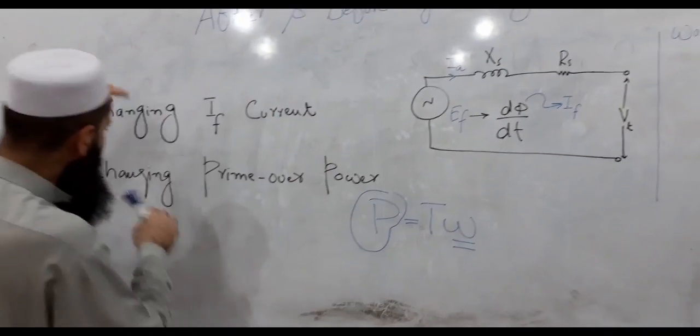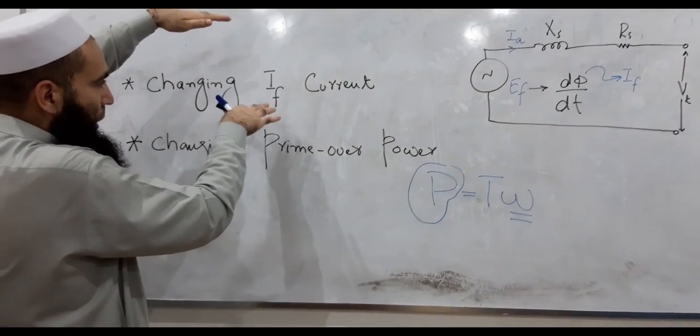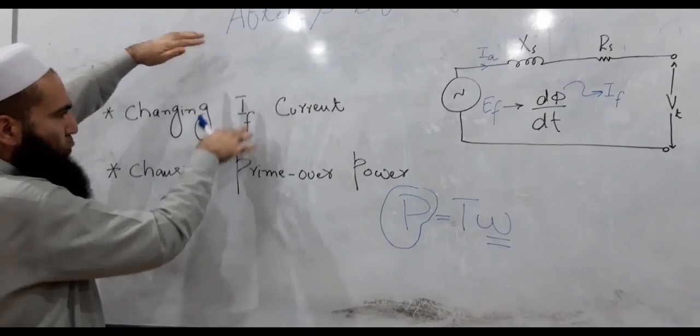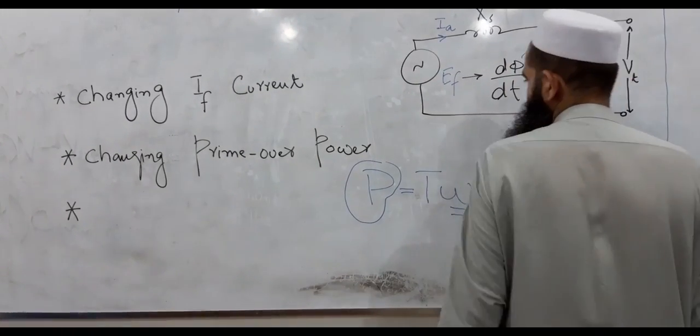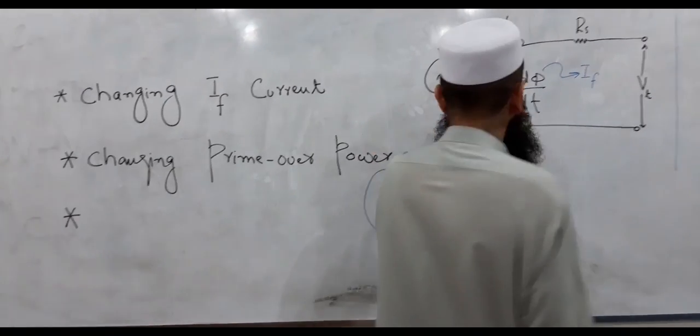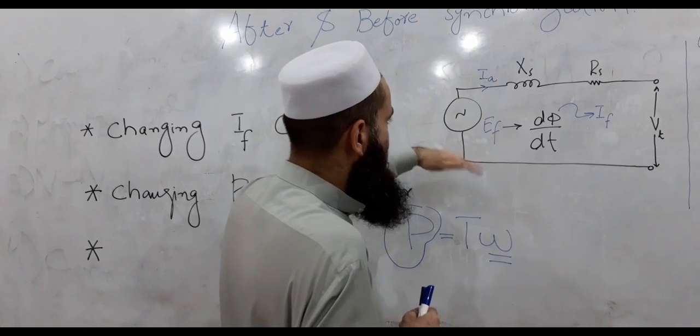So let's talk about the variation of these two parameters and demonstrate to you what will happen if we vary it before and after synchronization. So let's now move toward the circuit and let me demonstrate to you.